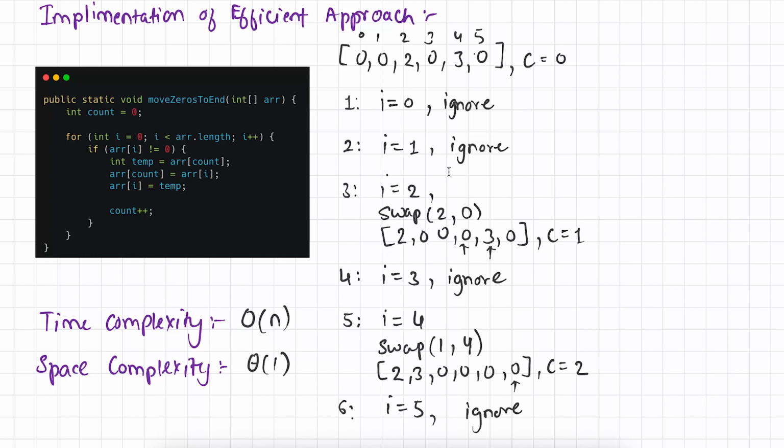Then we are running a loop from 0 to array.length, and in each iteration we are checking if the particular array element is non-zero or not. In case of 0 we are not doing anything.